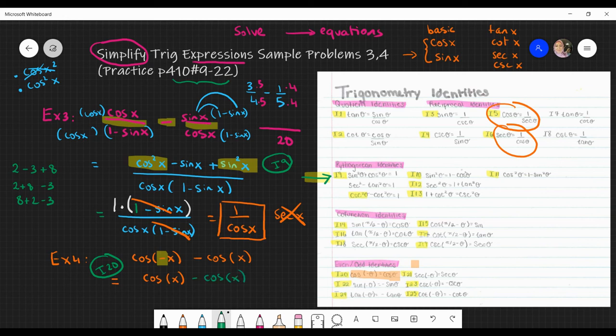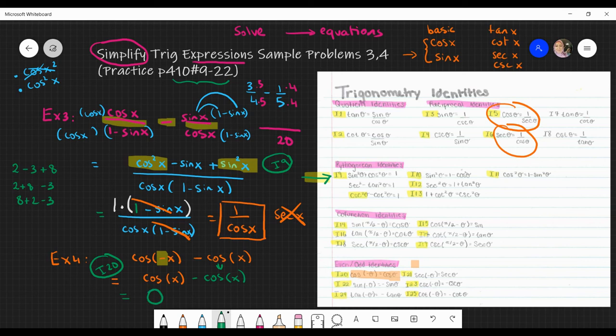And one of the questions was, could we use multiple identities in one problem? Definitely. Use as many as you want so it can help you simplify it. Cosine x minus cosine x, it's the same exact quantity, one time positive, one time negative, and that equals 0.